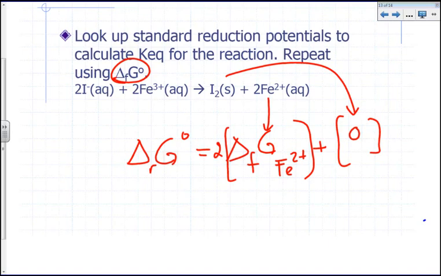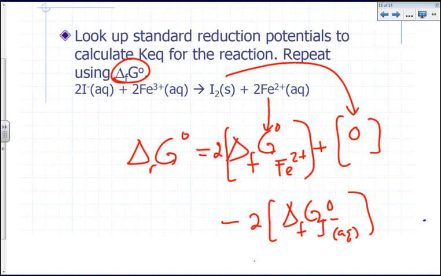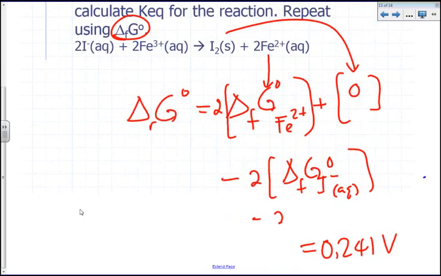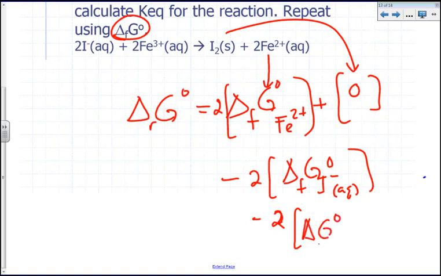That's an element in a standard state, minus 2 times the standard delta G of formation of iodide ion in aqueous solution, minus 2 times the standard delta G of formation of ferric ions in aqueous solution.